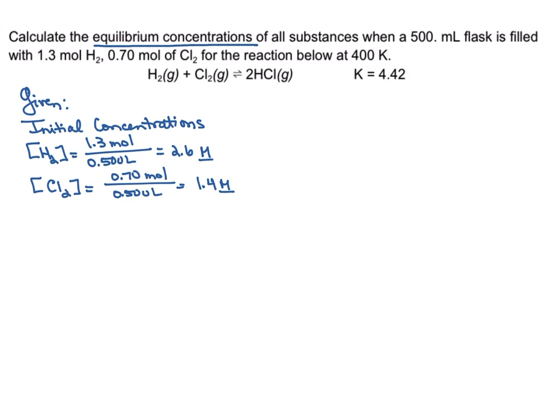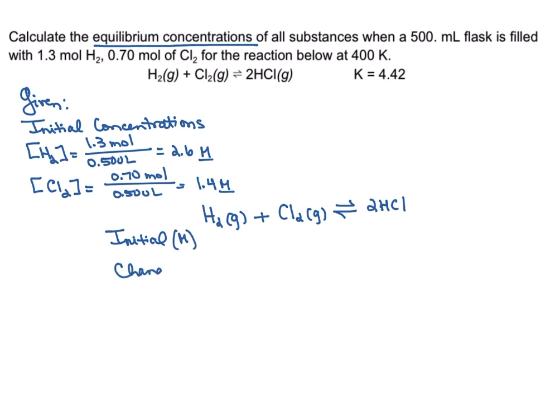Now I'm going to set up my ice table. I need to always have my balanced chemical equation on the top of my ice table. And on the side, I'm going to have an ICE: I for initial, and I'm going to put my units, C for change, and E for equilibrium.